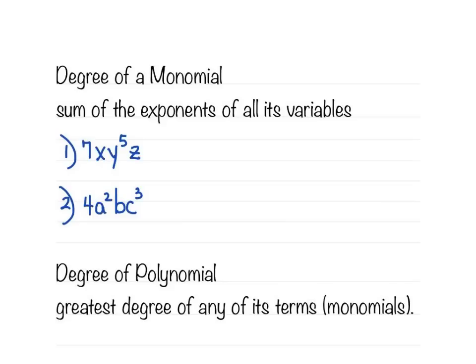We add the exponents of each variable. Every variable has an exponent, whether you see it or not. x has an exponent of 1, y is to the 5th power, and z has an exponent of 1 as well. So the degree of this monomial is 7th degree.